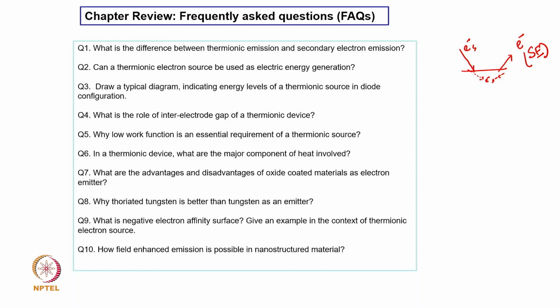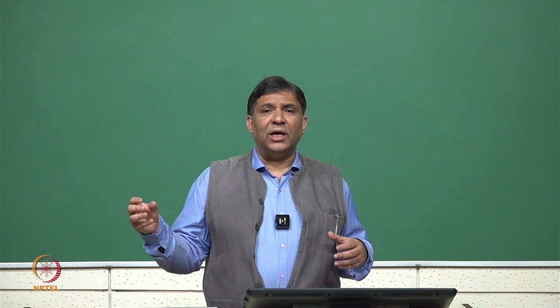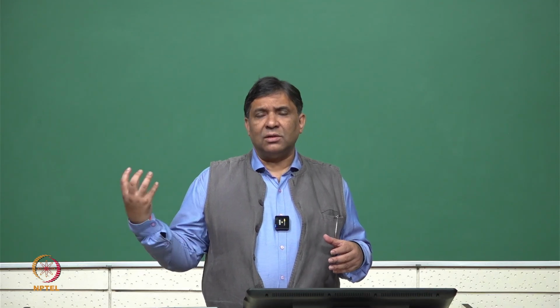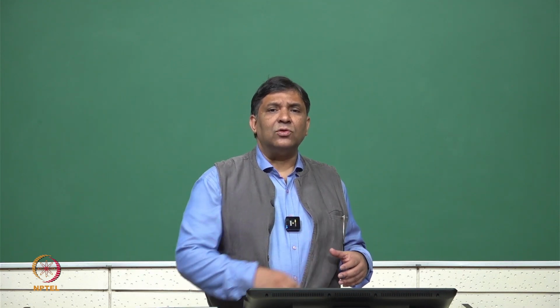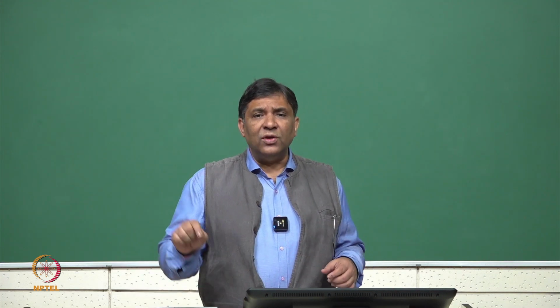Can a thermionic electron source be used for electric energy generation? So, we have seen one can have a very simple diode configuration, where we have an emitter and a collector, and the electrons are emitted from the emitter, get collected in the collector, and then come back through the circuit through a load resistance. Okay.